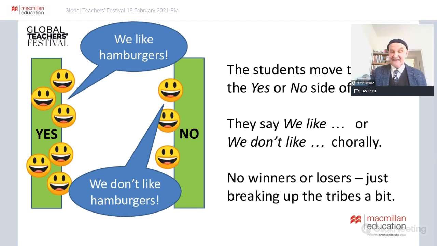Okay, and they say yes, and they hand up, the people who put yes say, yes, we like hamburgers. And then you say, and no, the other people in the other set say, no, we don't like hamburgers. In that way, they're actually forming their own little group. Of course, it's not the same because they're not really there, but it still works.